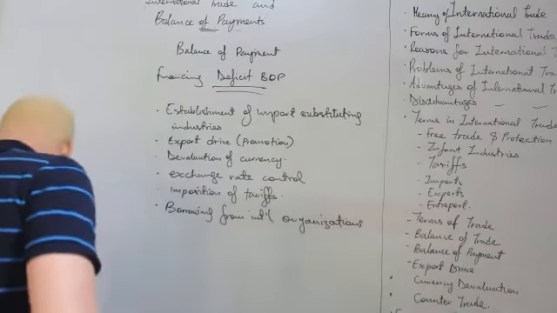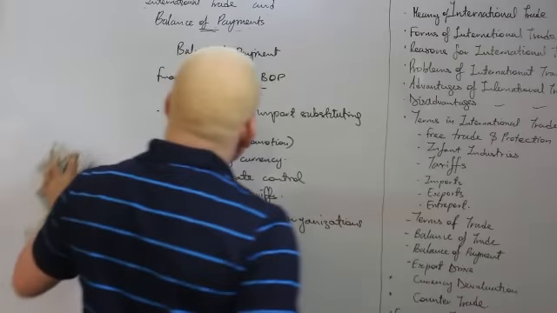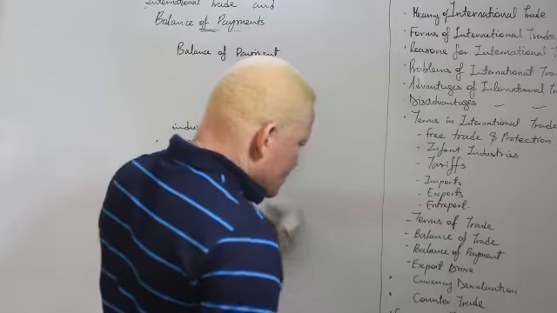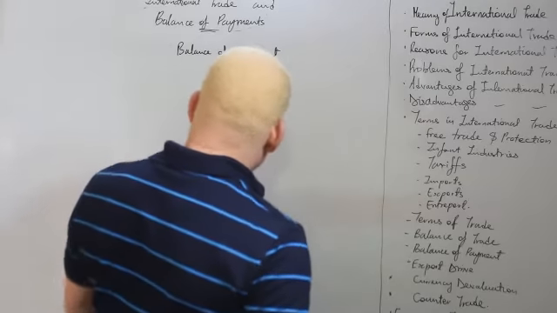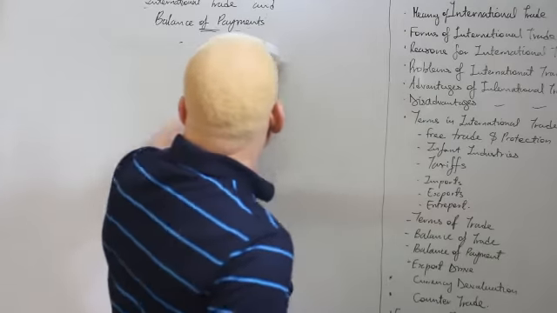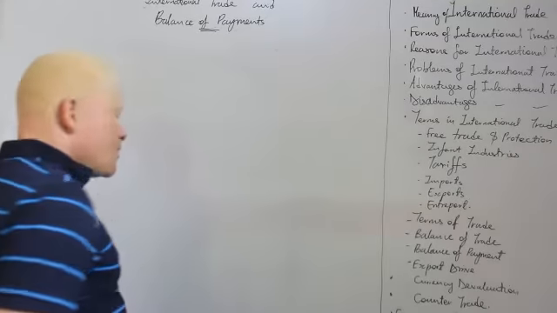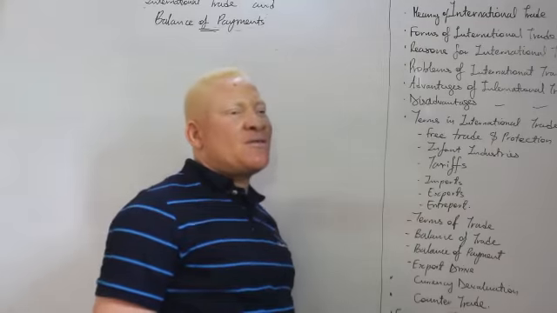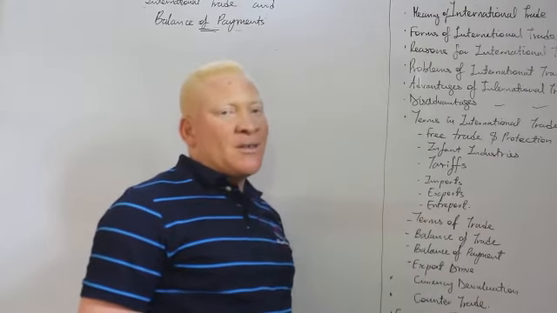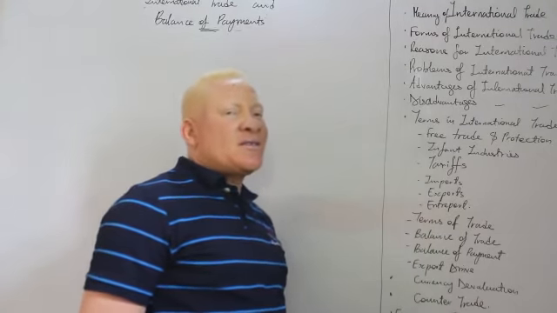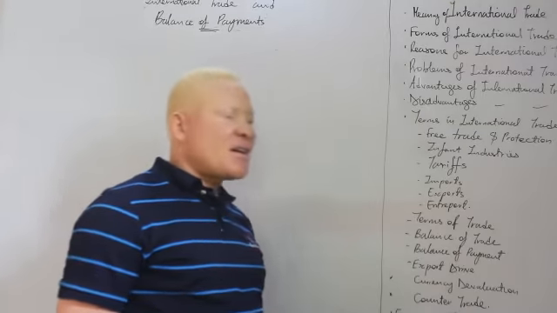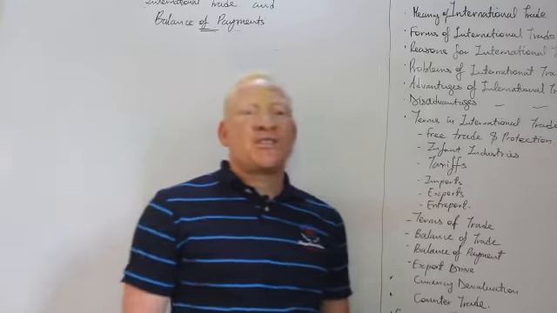Now, we've spoken about currency devaluation. We now move to the term called counter trade. In international trade, money is usually just used as a measure of value. Usually physical cash is not exchanged.